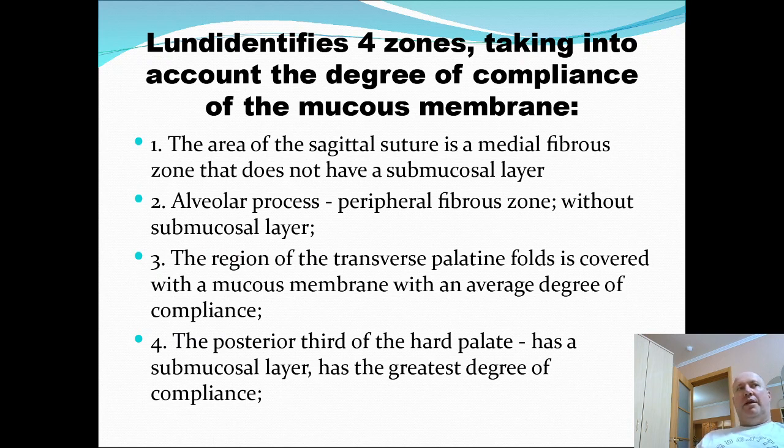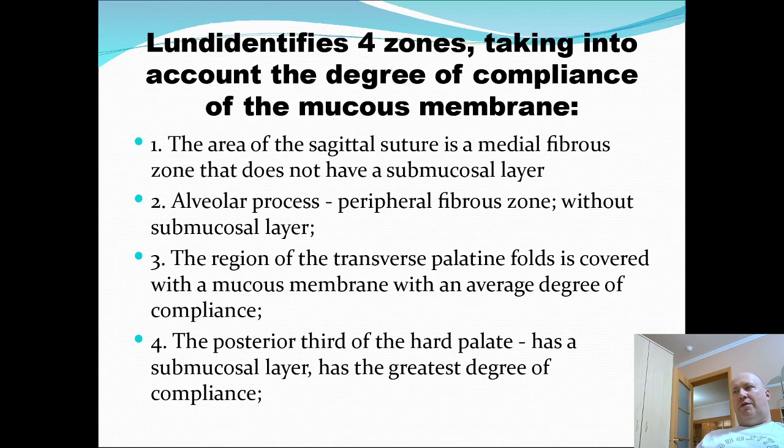Lund. It's a name of a scientist. He identifies 4 zones, taking into account the degree of compliance of the mucosal membrane. The first, the area of the sagittal suture, the medial fibrous zone that doesn't have the submucosal layer.